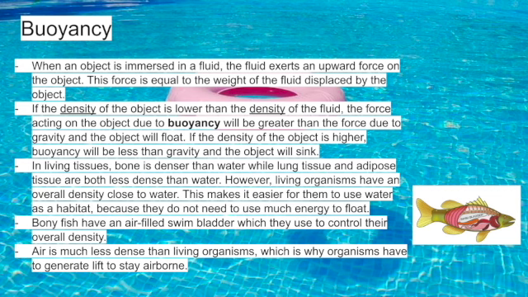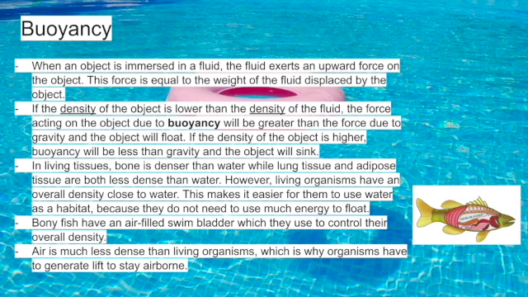Bony fish have an air-filled swim bladder which they use to control their overall density. So this swim bladder in the picture can grow or shrink depending on how deep they want to go, and it kind of allows them to either float or sink.